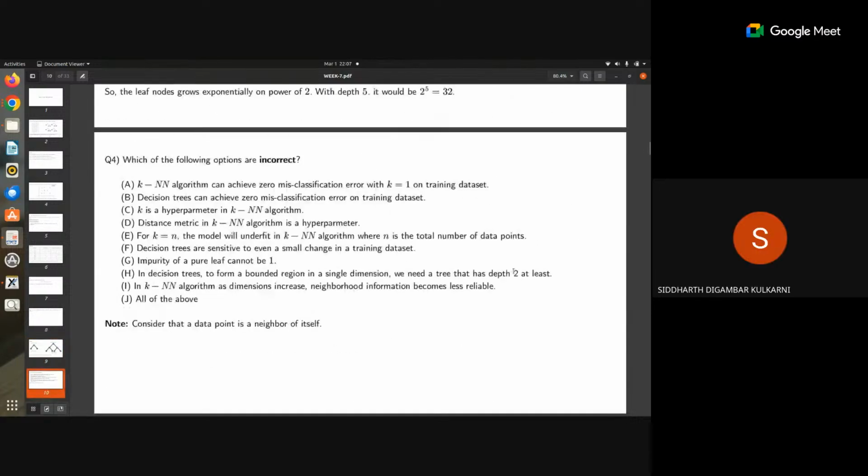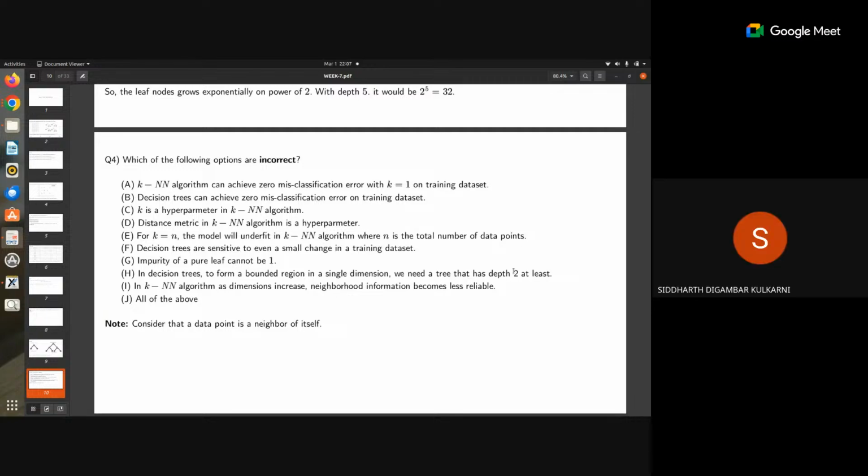Looking only at this picture, the depth should be 1. In a single dimension you can get it in depth 1 only. We'll see the solution later on. What about I? For single dimension you need only depth 1.